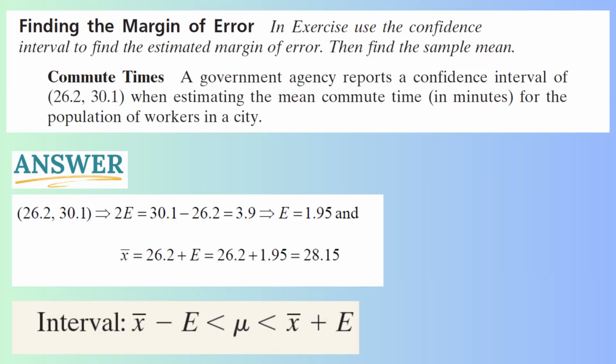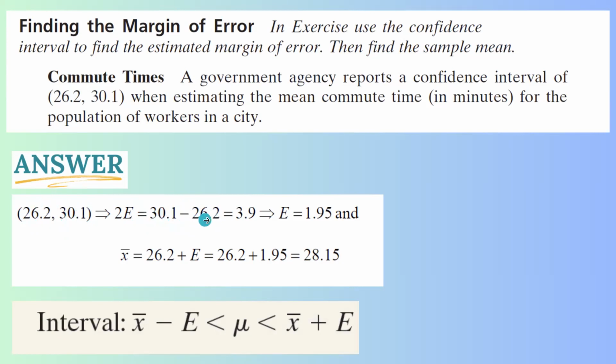Well, you might say that, hey, to find the margin of error, I can find the difference between these two numbers and then divide it by 2. Twice the margin of error is the difference between the upper bound and lower bound.